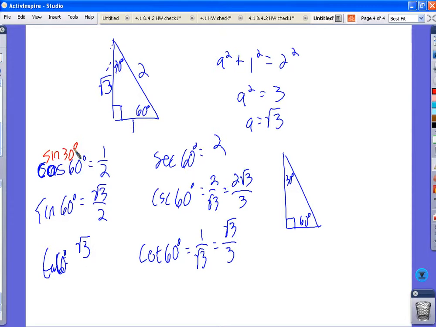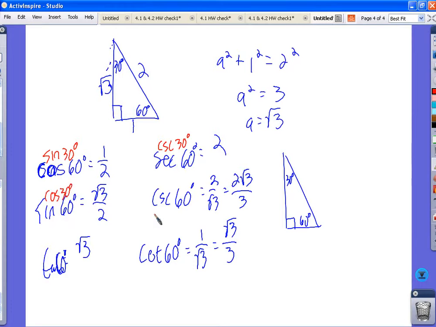Okay. And if this is the sine of 30, this must be the cosecant. Okay, the sine for 60 is opposite. The opposite side is root 3, but for 30, root 3 is adjacent. So it's adjacent over hypotenuse. So it's the cosine of 30.